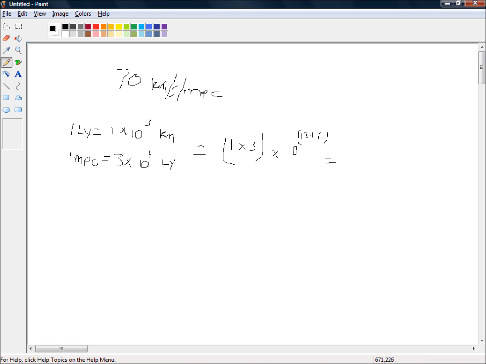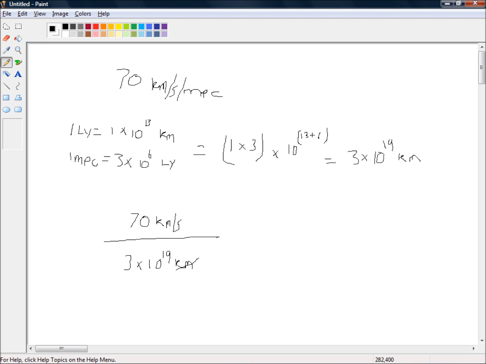So that's equal to 3 times 10 to the power 19 kilometers, which is 1 megaparsec. So if we divide the Hubble constant then, the Hubble constant is basically saying that galaxies are receding at a rate of 70 kilometers per second for every 3 times 10 to the power 19 kilometers.